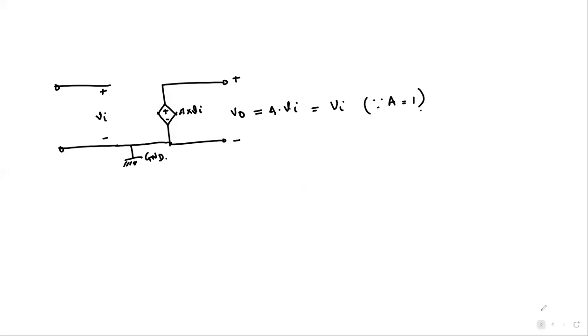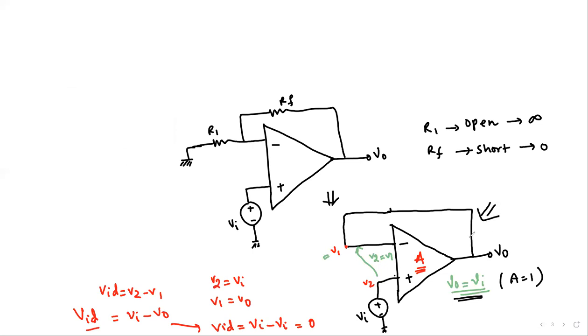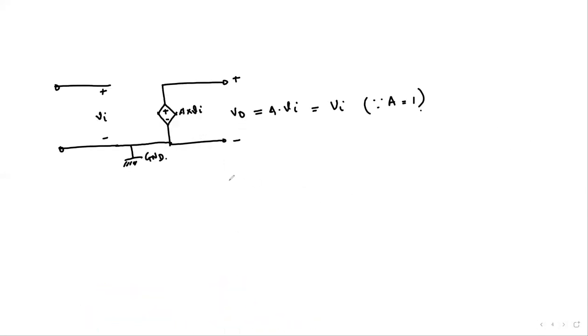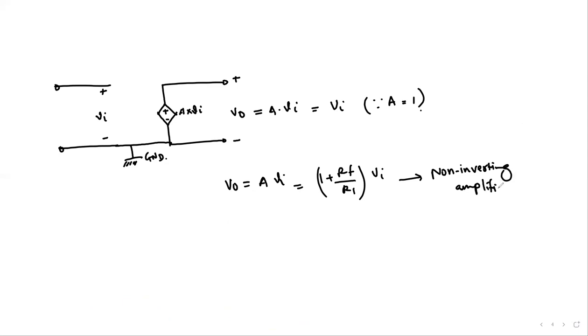If we make use of this configuration and connect back the resistors R1 and RF, then in this case VO would be A times VI, and 1 plus RF over R1 times VI would be the amplifier. So this is the expression for the non-inverting amplifier, and this is the expression for the non-inverting voltage follower.